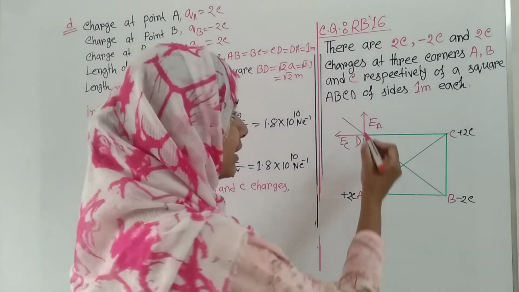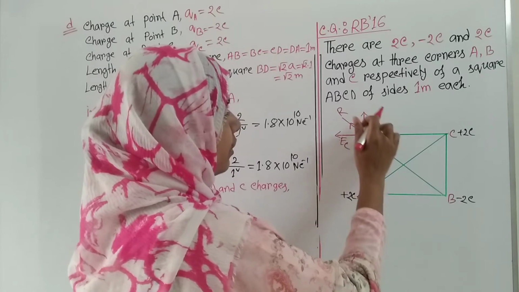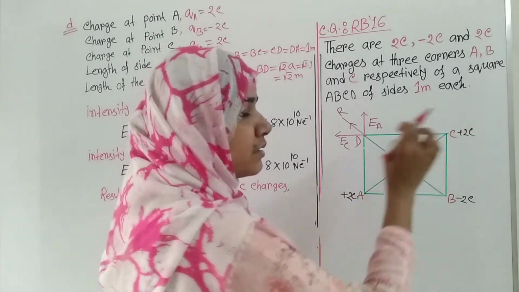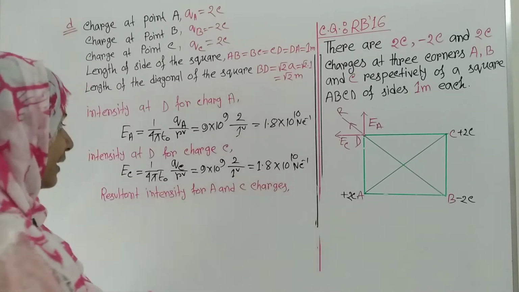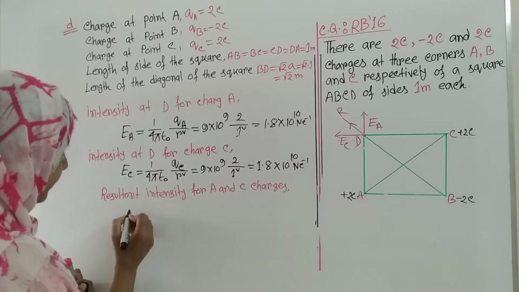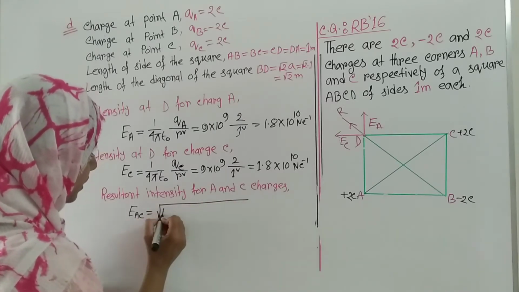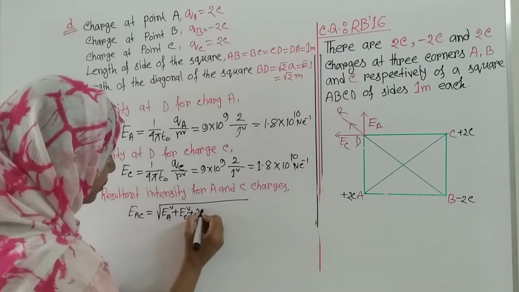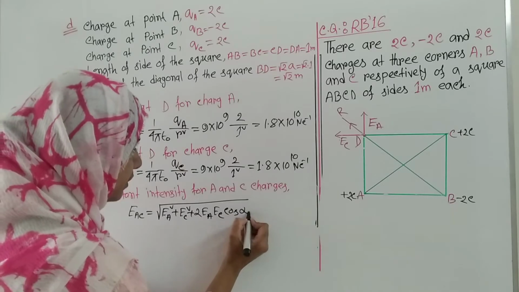So we can say that this diagonal, if we consider it as DR, will represent the magnitude and direction of the intensities of A and C. So we can write that the resultant intensity for A and C charges, that is EAC, equals root over EA square plus EC square plus 2 EA EC cos alpha.